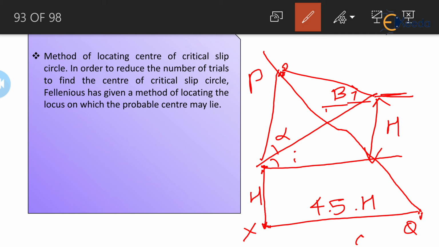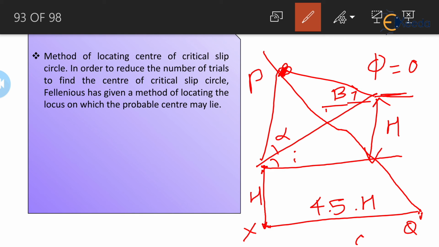When the line PQ is obtained, the trial centers are selected on it. According to Fellenius, the center of a critical slip surface is located at point P for a purely cohesive soil, that is, when phi is equal to 0.